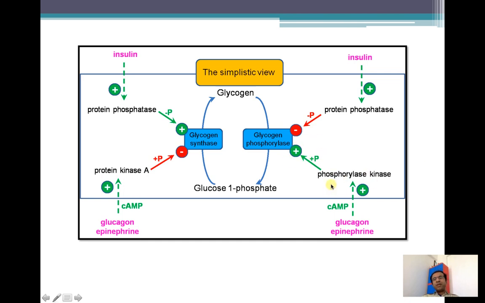So they will stimulate the enzyme phosphorylase kinase by increasing the cyclic AMP production. Okay. So in that fashion, glucagon will stimulate the glycogen phosphorylase and will stimulate the glycogen breakdown, that is glycogenolysis. So insulin will inhibit glycogenolysis. In contrast, glucagon will stimulate it.